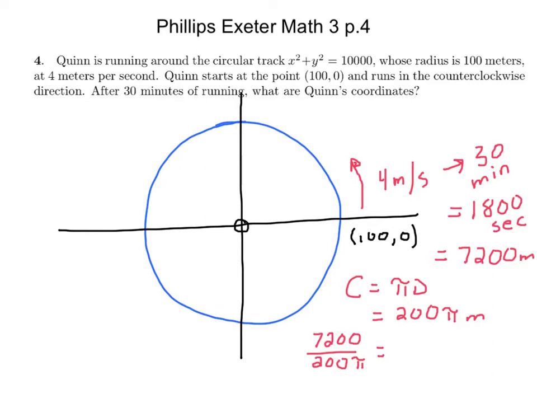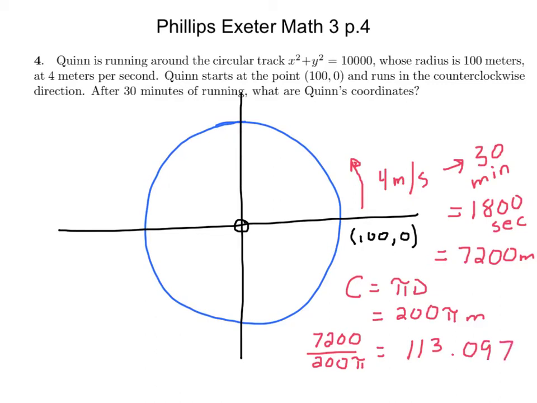Do a little calculator work here. We can just plug that right in the calculator with a 200 pi. Double check me if I'm wrong. I got 113.097.